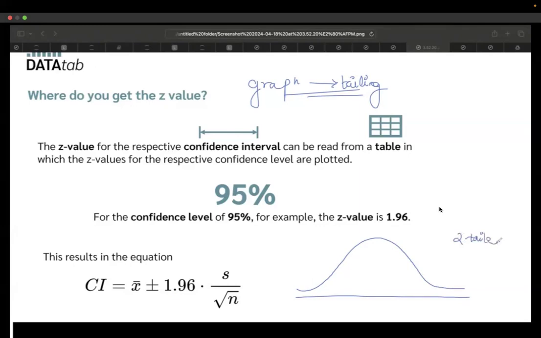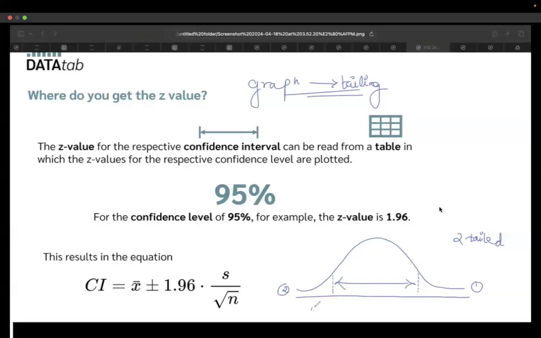Two-tailed means you guys know which one is the tail of the graph. This is tail number 1. This is tail number 2. Okay. Now CI is saying plus minus, it will always find some range in the plus direction and some range in the minus direction. And here it will say that this is my range, and within this range my statistical parameter for the population is going to lie.